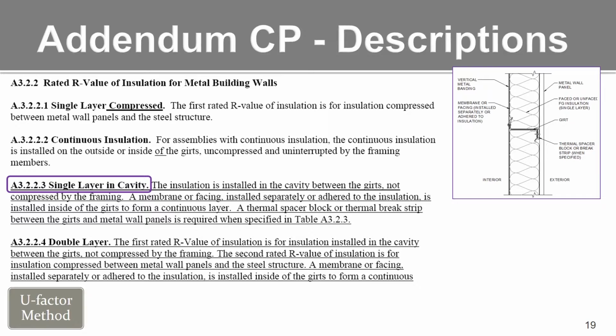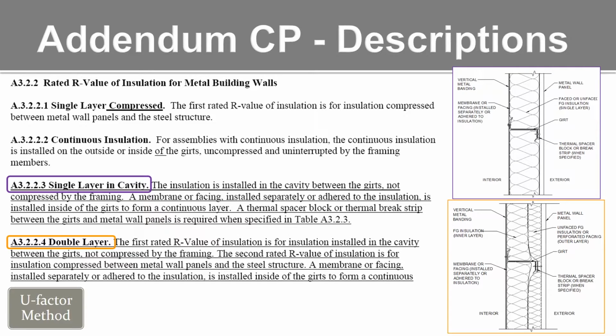And as far as for this single layer in cavity, this typically metal building insulation has a facer included. You do have the option to have it separated, so the membrane is either installed separately or adhered to the insulation. Getting into the double layer, the first rated R value shown is the insulation installed in the cavity, so higher of the two numbers.